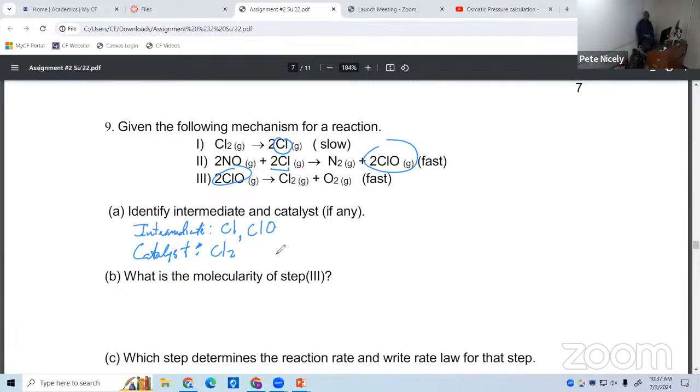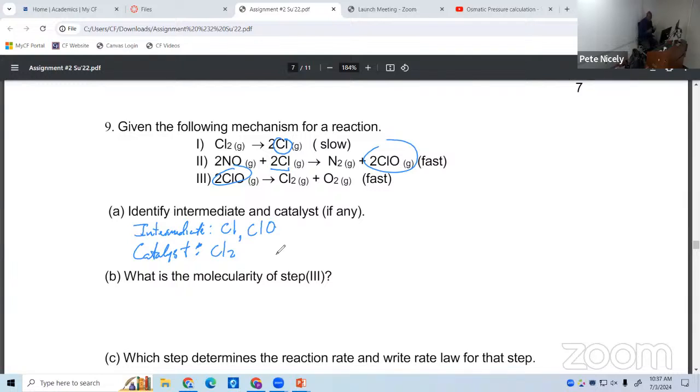In this particular case, it's consecutive, but not necessarily. How did you determine the catalyst? The catalyst is one that is used up in one earlier step and produced in a subsequent step. And again, you can have intervening steps, so they don't have to be immediately consecutive, as long as it's subsequent, all right?